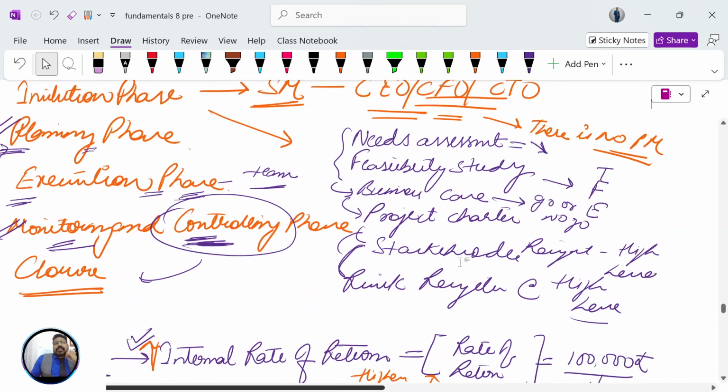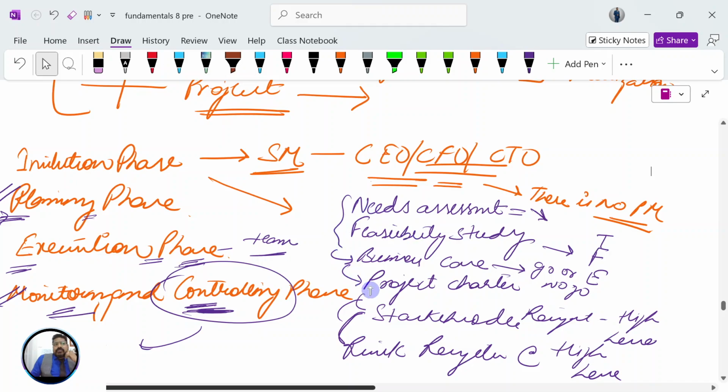So these are the things involved in the initiation phase, and it may so happen that in the initiation phase itself you realize that the project is not viable, financial feasibility is not viable, technical feasibility is not viable.